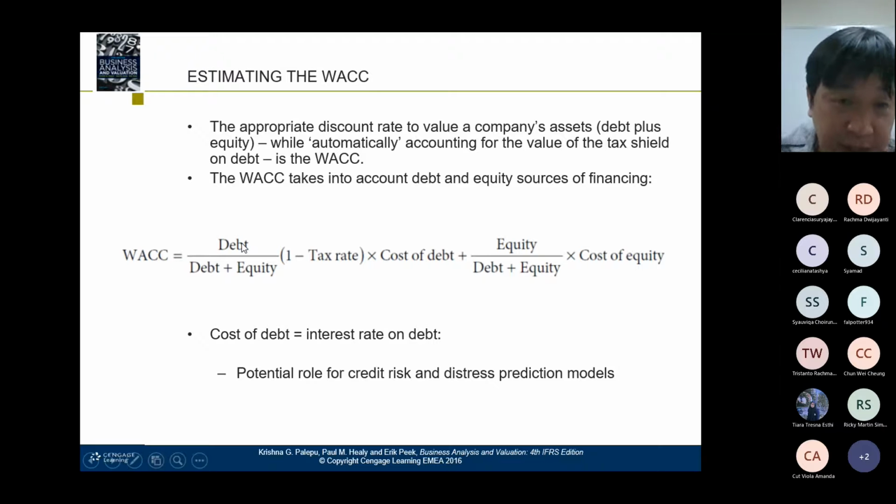It's the weights, respectively, debt over debt plus equity and equity over debt plus equity. And it's the cost of debt calculated by the interest rate, and the cost of equity calculated by the CAPM.